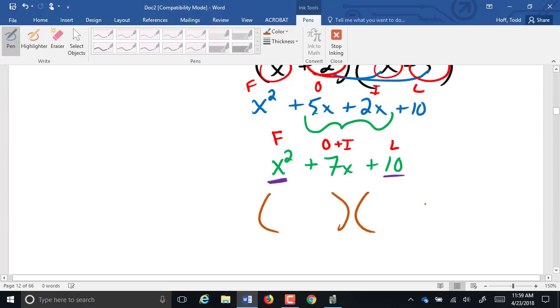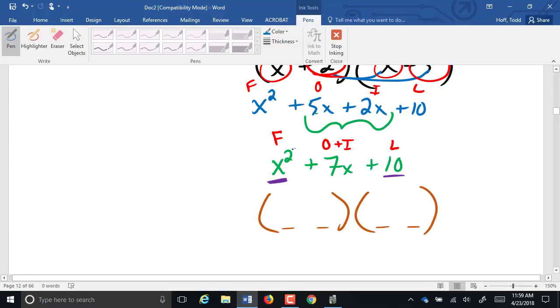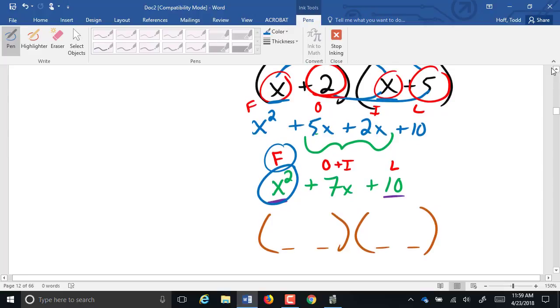It's going to split back up into 2 binomials being multiplied together if it can be factored. So binomials means there's 2 digits in each. And I know that this first digit here, the X squared, comes from the first digits of the original binomials, the original numbers. Well, X squared, the only way to make that is X times X. We could have X squared times 1, but that wouldn't make much sense here.